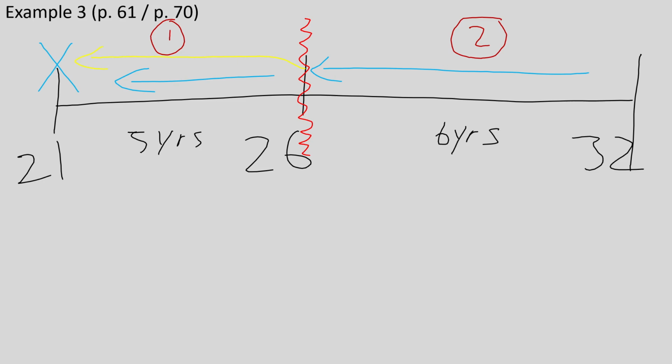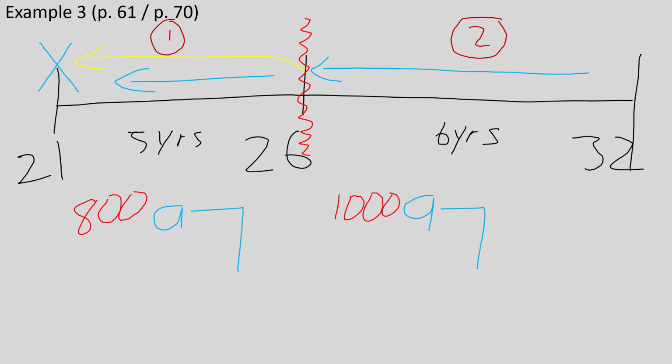Because I'm going backwards, let's stick with the same color as the arrows, that will be an A. That will be an A as well. From his trust, he will receive 800 for the first 5 years. And then 1,000. This is monthly. That is also monthly. So we need the monthly interest rate.